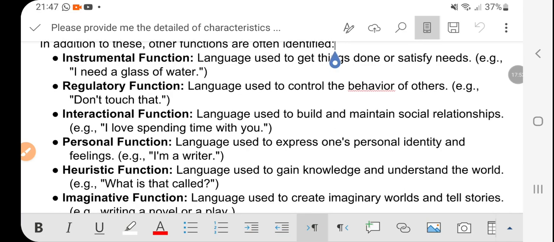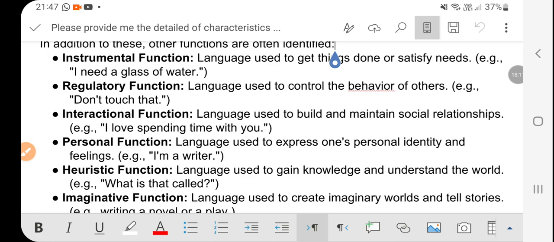Then other functions: instrumental function, to get things done or satisfied. If you are telling someone to bring me a glass of water, or I need a coffee just now, and then he will serve you, that language is called instrumental.